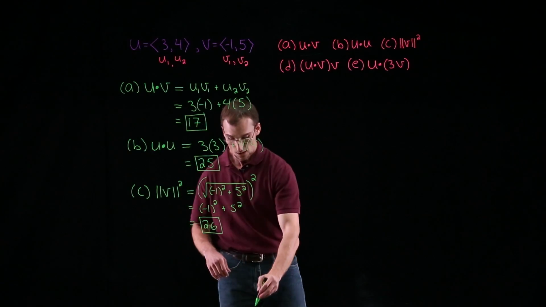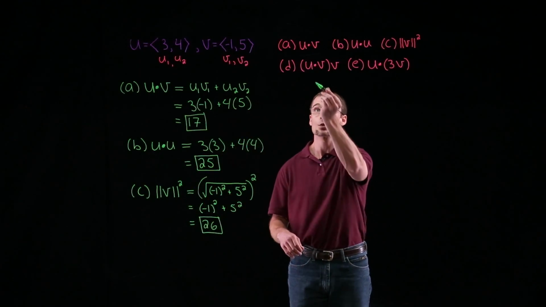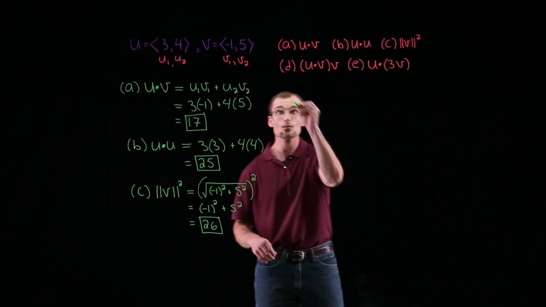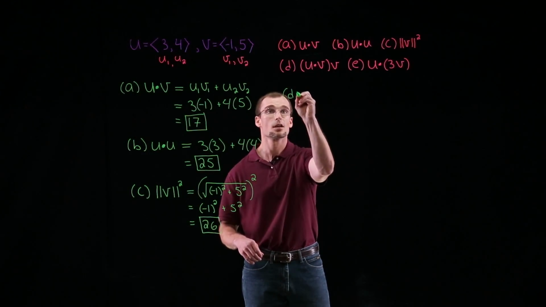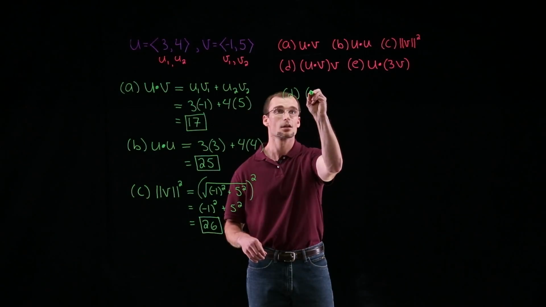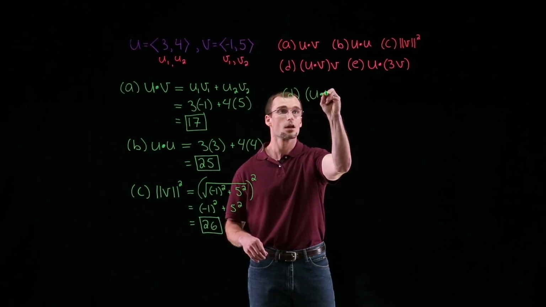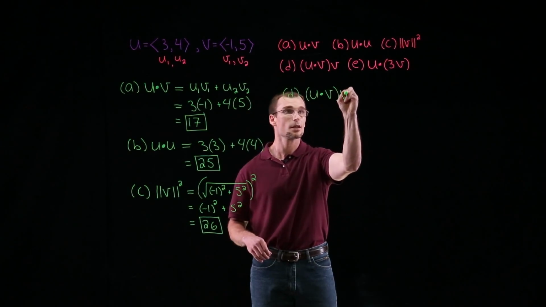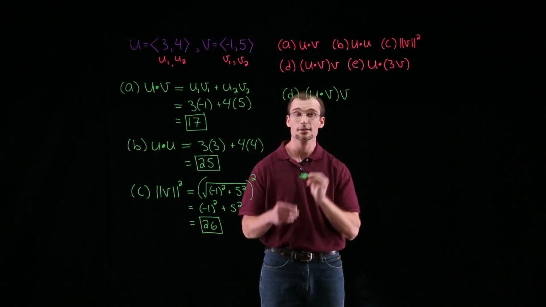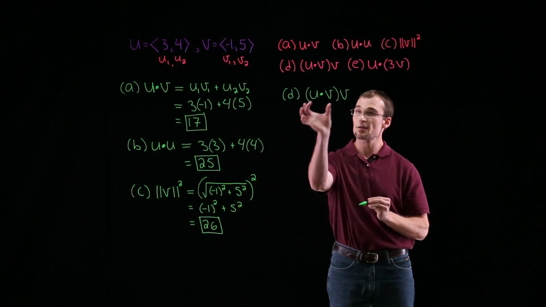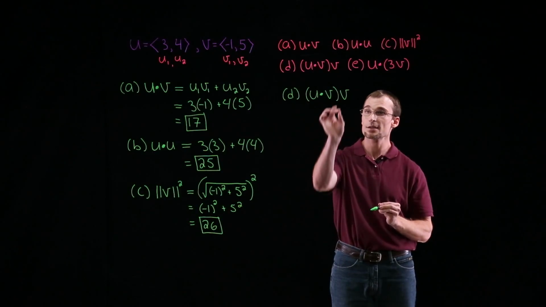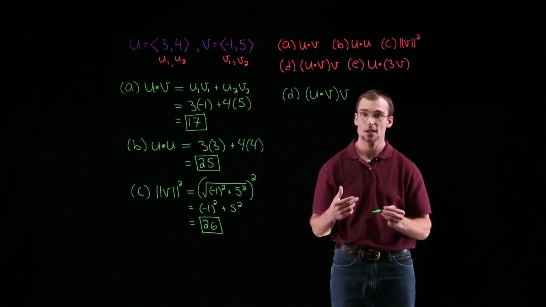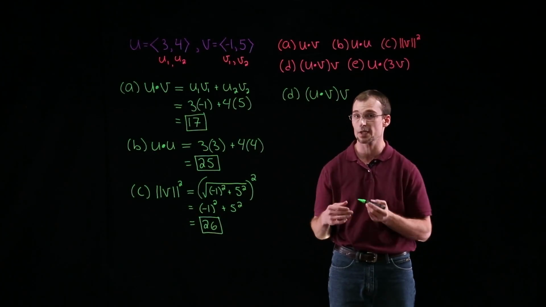Now, let's take a look at the last two. For D, we're going to find the dot product between u and v, and then multiply it with v. Pay attention to the symbols: we have the dot product between two vectors, and then no symbol between the parentheses and v, because there are really two different types of multiplication going on.